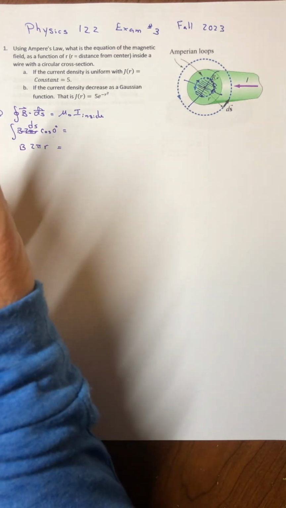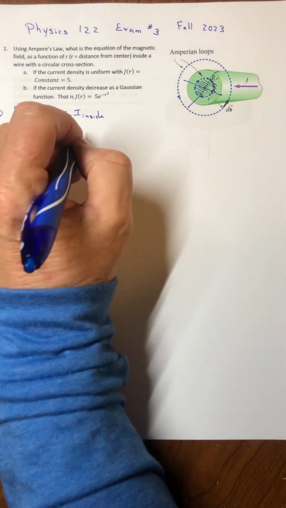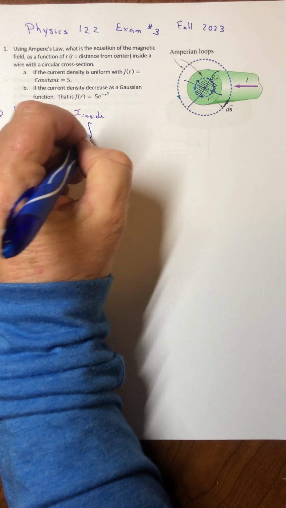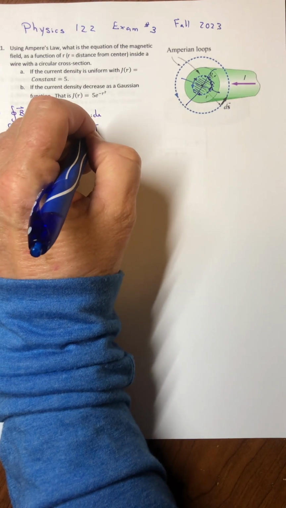Now, the other side of the equation would be mu naught times the current that is inside.